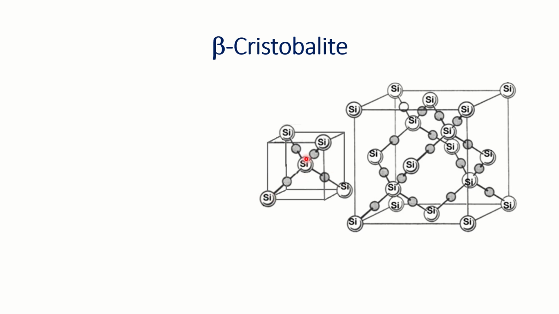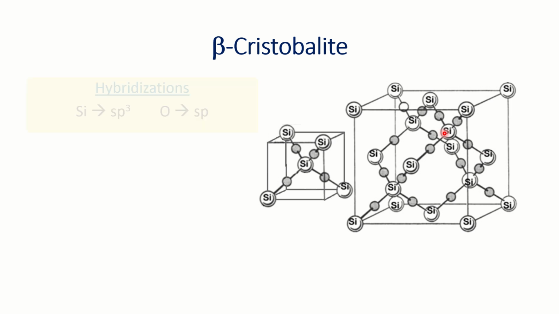Now, in the body center of this small cubelet, there is yet another silicon. The total number of cubelets is 8. Out of these 8, 4 are occupied alternately. So how many silicon atoms can you find here? 4 silicon atoms in the unit cell as constructed, and 4 more silicon atoms inside the unit cell.